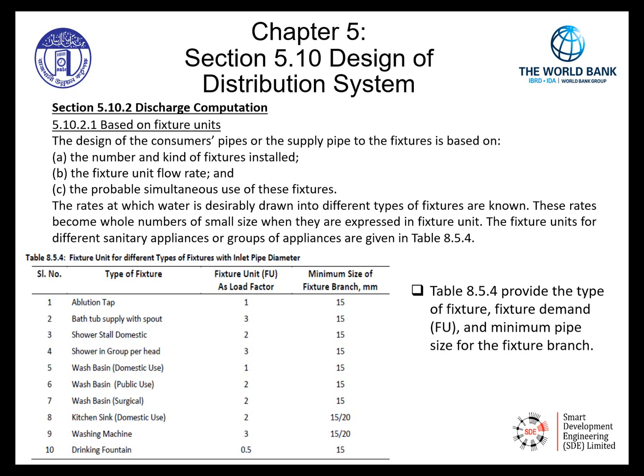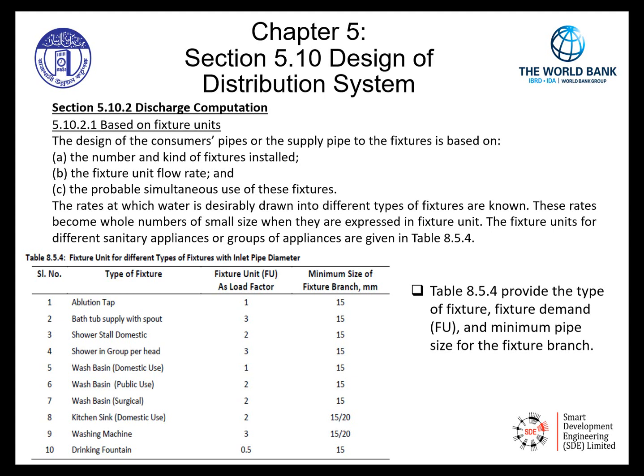Table 8.5.4 provides the type of fixture, the fixture demand in fixture unit, and minimum pipe size for the fixture branch. As an example, within the table, if we were looking for information regarding a shower in group per head, item number 4, the fixture unit as a load factor for this type of fixture is 3.